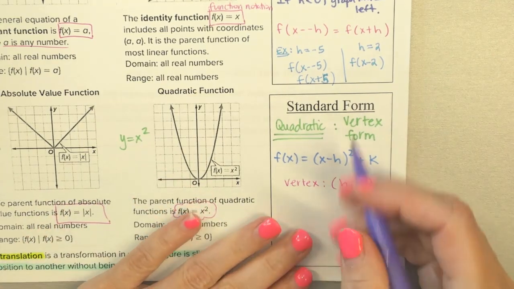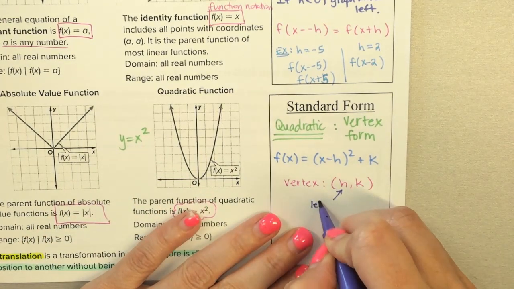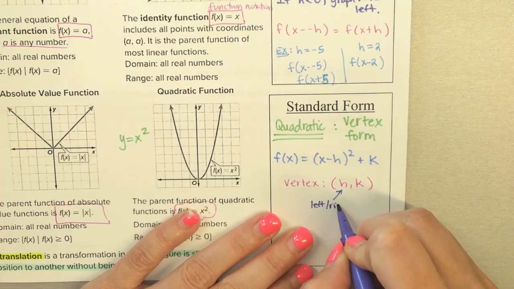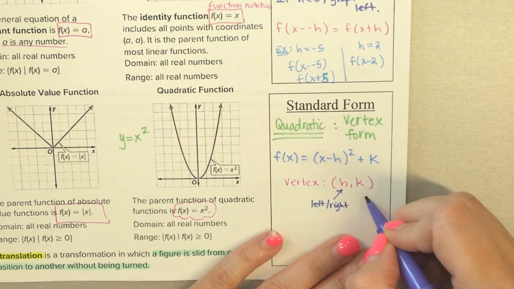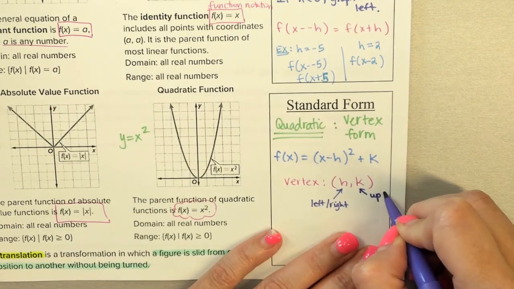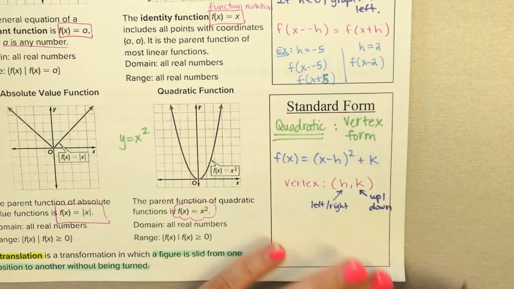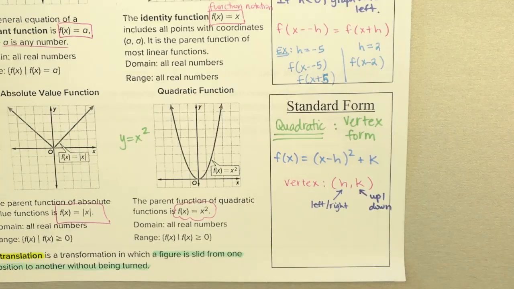Remember, the h value is going to tell you what happens left or right, and the k value tells you what's happening up or down, okay, which is vertical. So the h value is going to be tied to horizontal values. The k value is going to be tied to vertical values.